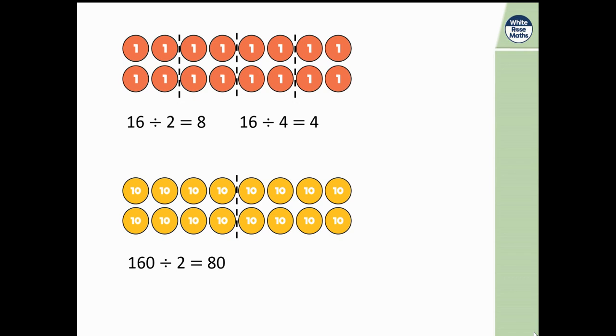Well, 160 shared equally into two groups would be the same as 80 because 16 divided by 2 equals 8. So 160 divided by 2 equals 80. If I divide it again by 4, what do you think 160 divided by 4 is going to be? That's right, it's 40 because 16 divided by 4 is 4. So 160 divided by 4 is 40.